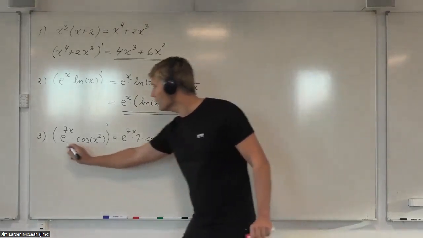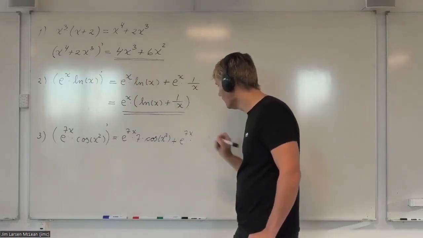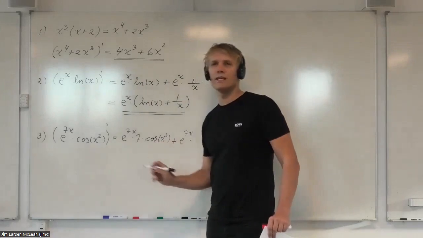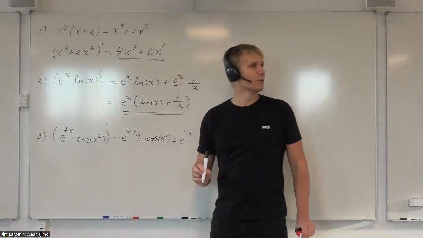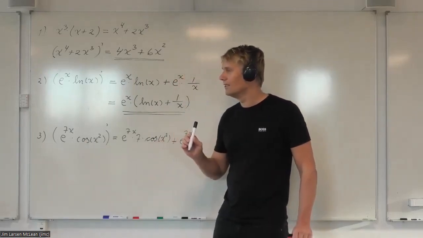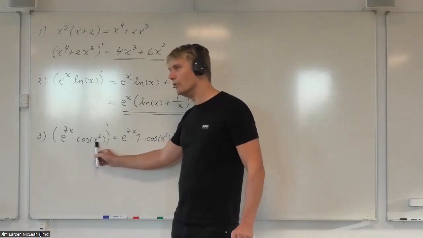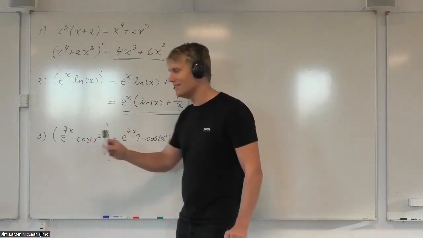Then I need to take the first factor untouched, which must be e to the power of 7x. And then I multiply it by cosine of x squared differentiated. But cosine of x squared is also a composite function because x squared is inserted as the argument in the cosine. So first, I think, what does cosine of something differentiated give? It gives negative sine of that something.